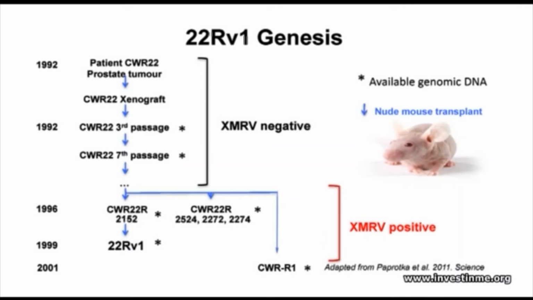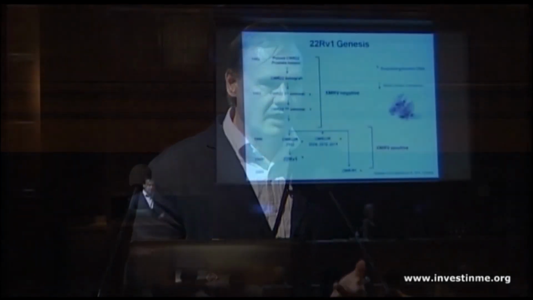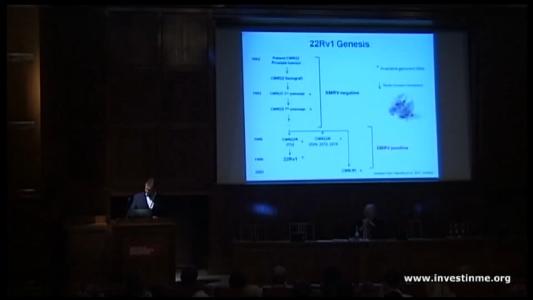That tells you that the virus infected those cells on a particular date at the time that those experiments were going on. But more importantly than that, Vinny was able to show that XMRV is what we call a recombinant, which is a mixture between 2 other parental viruses.